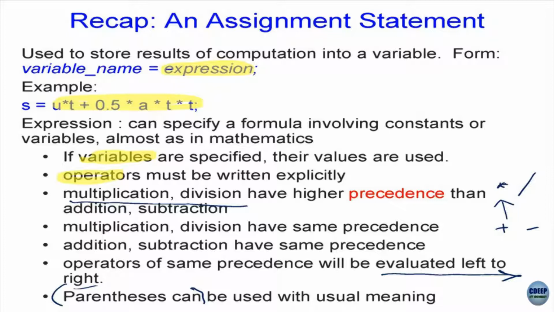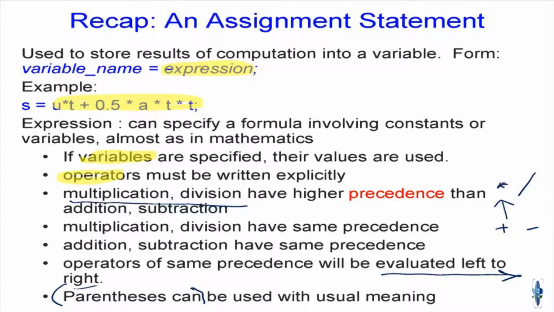Now we will understand a little bit more on how the operations could interplay. In particular, multiplication and division have higher precedence than addition and subtraction. Between multiplication and division they have the same precedence.